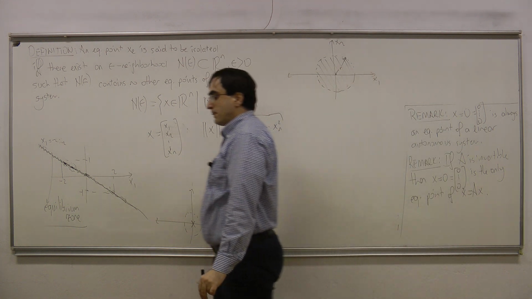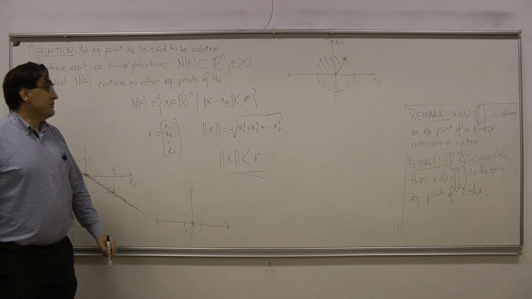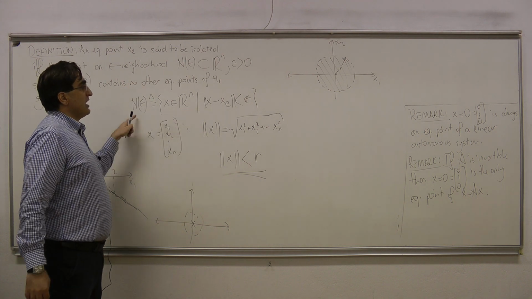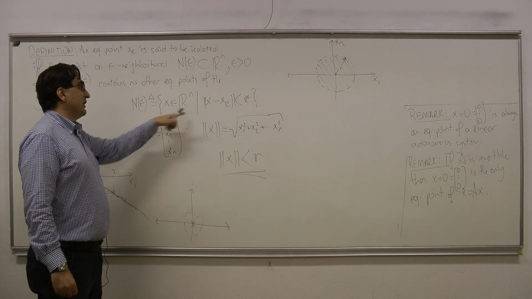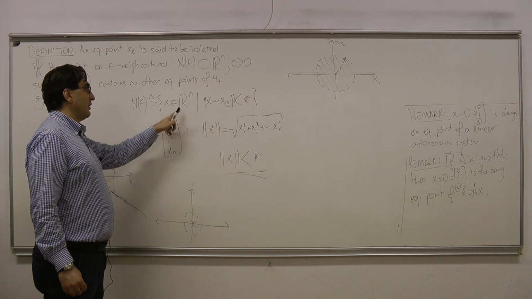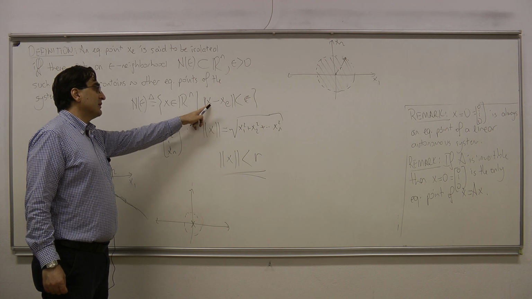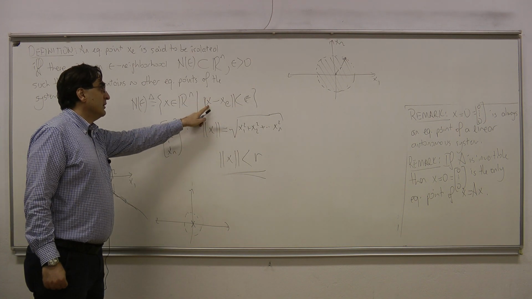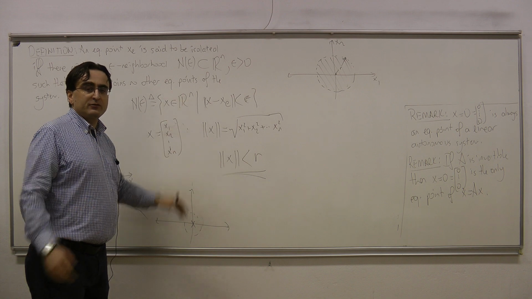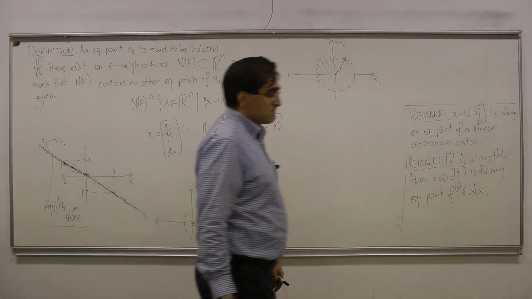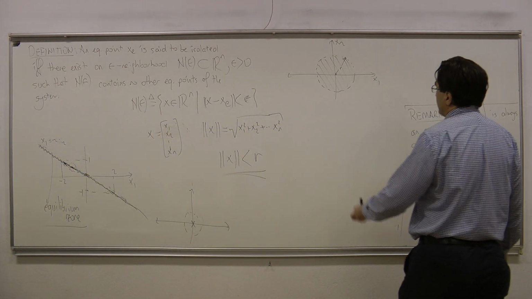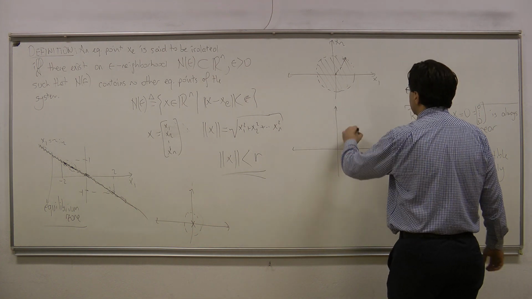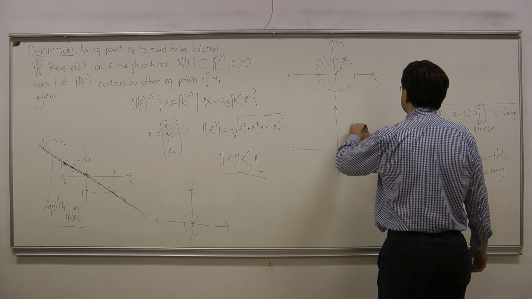Okay? Now here, this N of epsilon, this neighborhood, is defined with this notation. X is in Rn, and in this case not only the norm of x, but the norm of x minus xe is smaller than epsilon. Okay? In that case, what type of region would this give me? Suppose that xe is here.